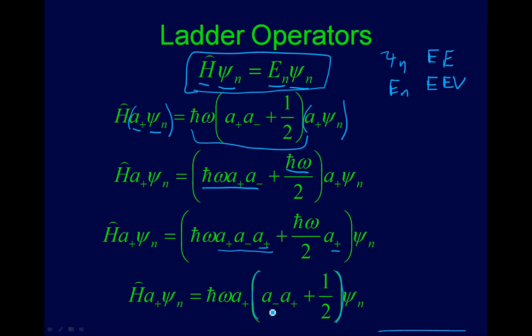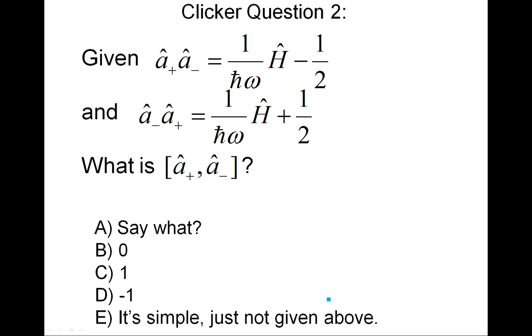Okay, write out A minus A plus and then 1/2. And so I pull out the h bar omega from both of these, and I pull out the first A plus there, and then the only A plus over here. So it's h bar omega times A plus. And so I pulled out this piece here, and I pulled out everything from here except for the 1/2. All right, we're going to see in a second why I do this.